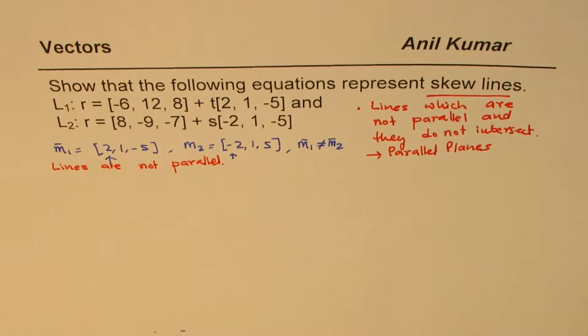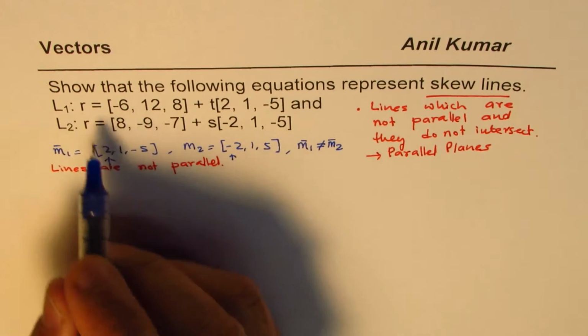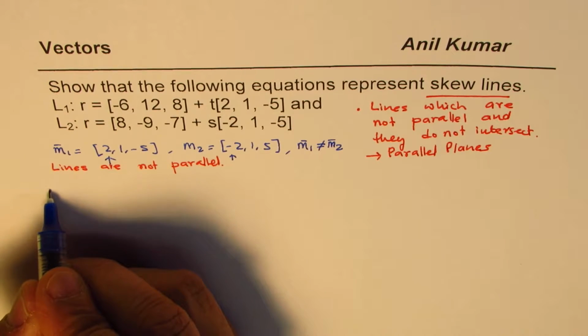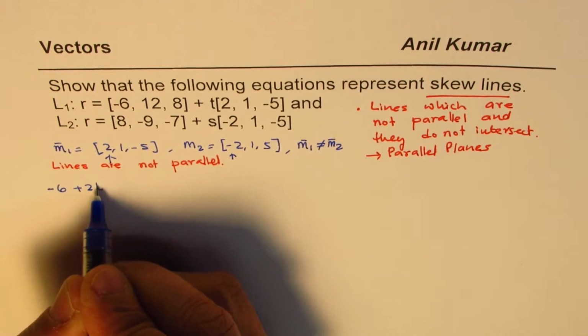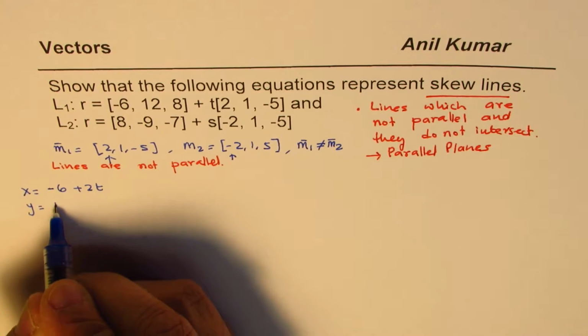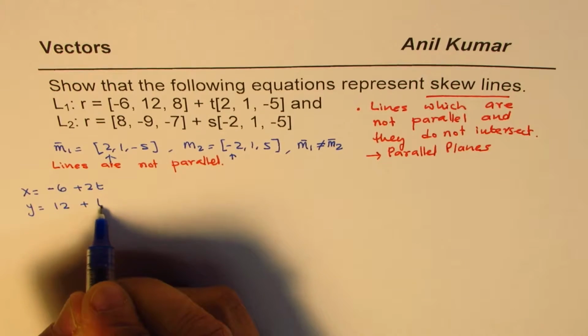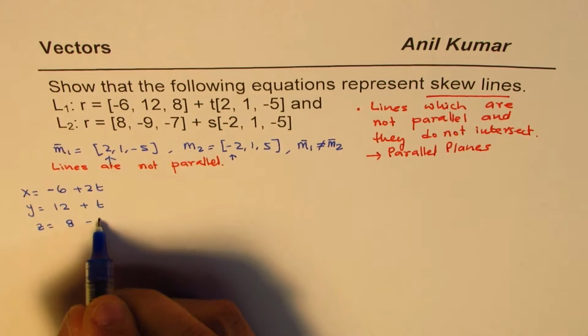Now we need to figure out whether they intersect or not. That's the second part, right? How will you do that? We can write these equations in parametric form. For line 1, x is minus 6 plus 2t, y is 12 plus t, and z is 8 minus 5t.